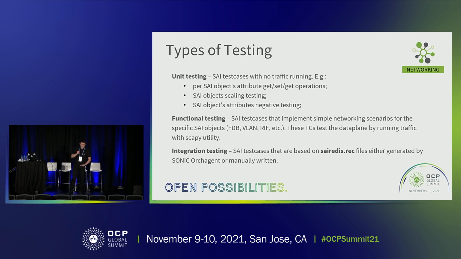From a testing perspective, we propose 3 types of testing. It's unit testing. Here, by unit testing, we mean running test cases without traffic. You can do attribute-level get, set, get operations very efficiently. I will show in a minute. And also functional testing. It's closest to what is currently available in the PTF environment, where you create simple L2, L3 scenarios.